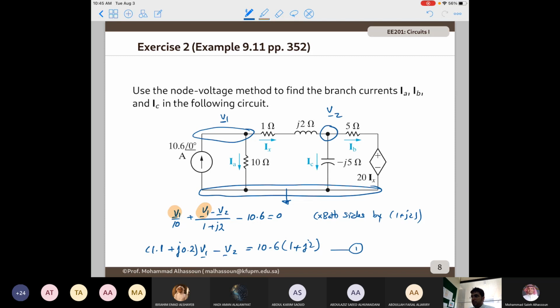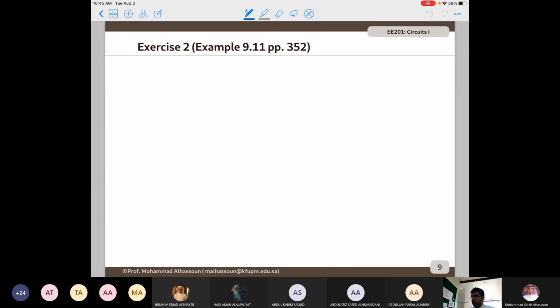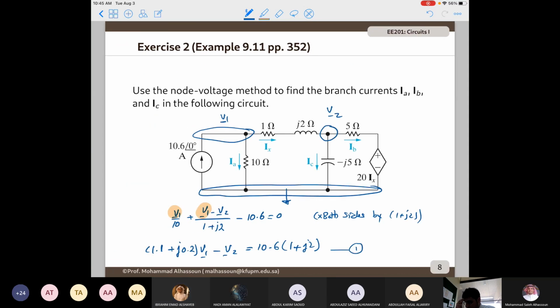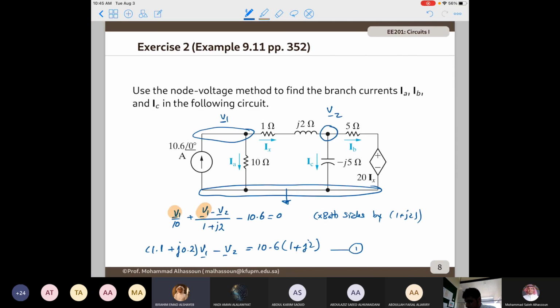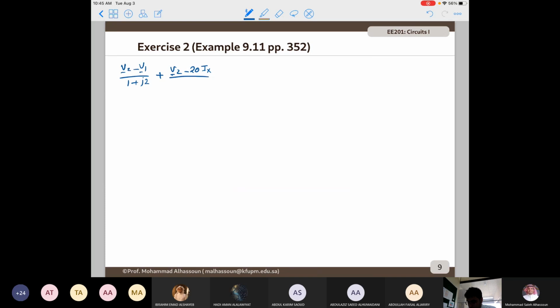So it will be V2 minus V1 divided by 1 plus J2. Then we have V2 minus 20 IX over 5, exactly. Then we have plus V2 over the capacitor, which is minus J5.